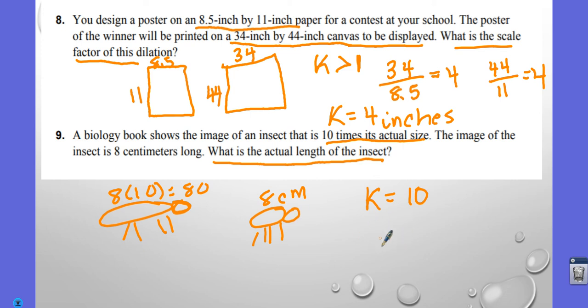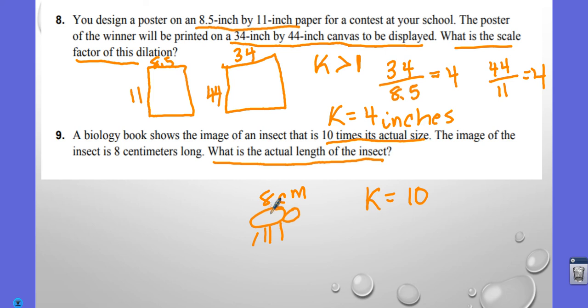So what's the actual length of the insect? Oh, my bad. It said the image of the insect is 8 centimeters long, and it was blown up in the book. Okay, so I'm reading this backwards. Let's try that again. The image of the insect. I confused the image with the pre-image.